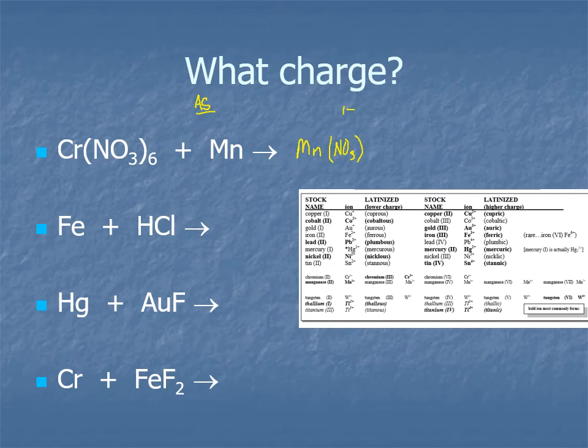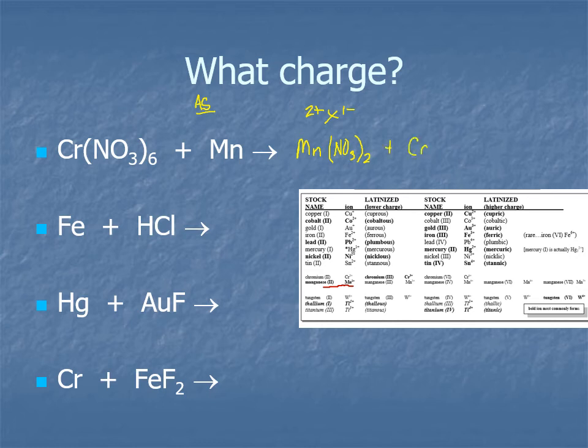Down here, I think I have to change the color right there. That one tells me that manganese 2 is the most common form of the charge, and that's the one I'm going to go with without any additional information. Well, 2 and 1 don't cancel, so I have to crisscross, so it's Mn(NO3)2, and then I'm going to write chromium out here.